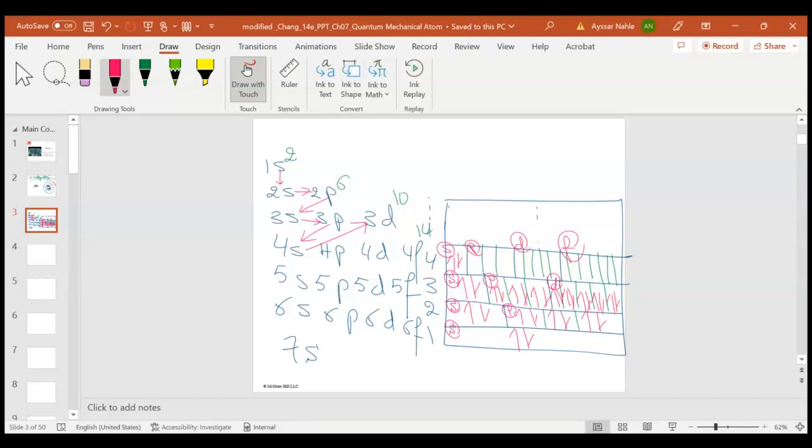And then you go from 3D all the way down to 5S, passing through 4P. And then you go to 4D, and then all the way down to 6S, and then to 4F, and then all the way down to 7S. You don't have to go further because that's the maximum number of electrons that we can come across. All right.